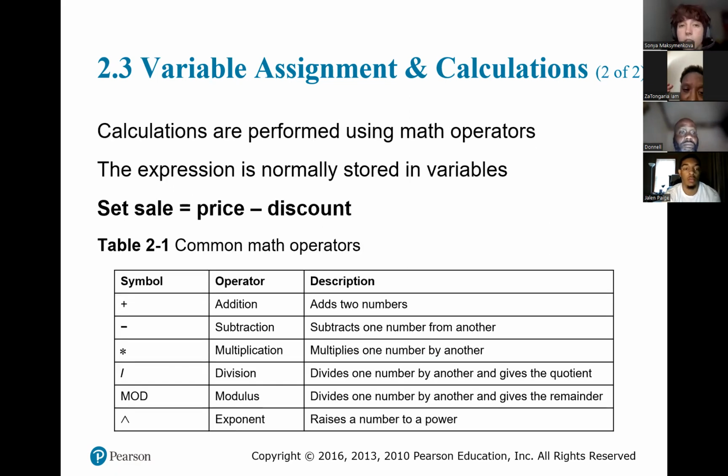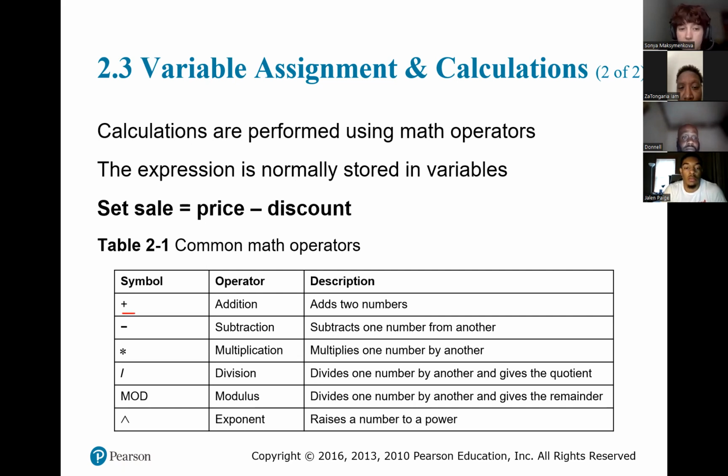All right, all of the calculations in all of the programming languages are done using your basic math operators. And those expressions, again, are all stored in variables. I know you hear variables a lot, but this is just a part of the coding experience, and everything is stored in variables. That's just one thing that you need to know. And the symbols are the same as in your algebra, basically, most of them.